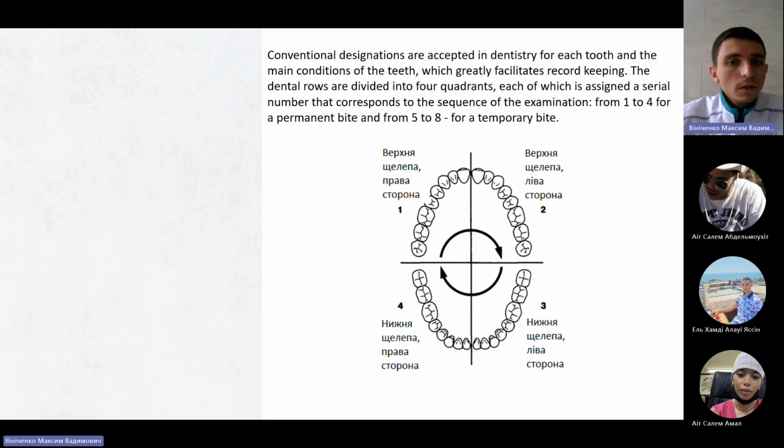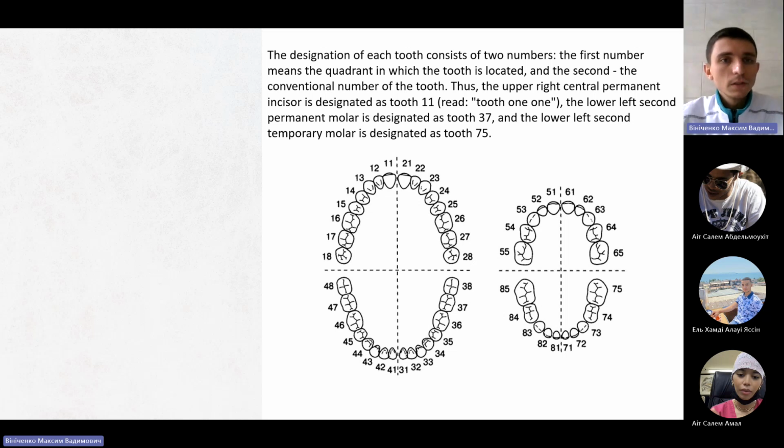So here we could see a child. Only 5 teeth in each segment. So upper jaw maxillary, right side. The first central incisor on the maxillary jaw from the right side will be number 51.